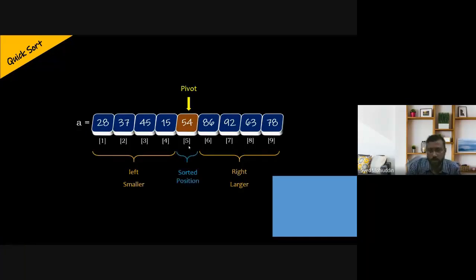Now, let us look at another scenario. Now, before we proceed further, when all the elements to the left are smaller than the pivot element and all the elements to the right are larger than the pivot element, that means the element, whatever pivot element it is, that element is in its sorted position.